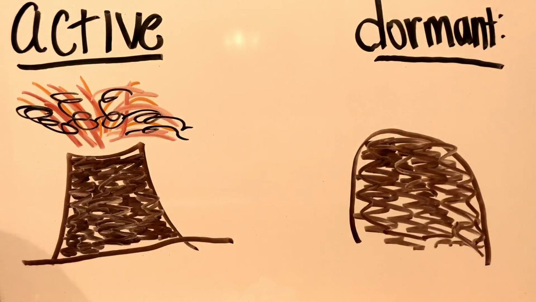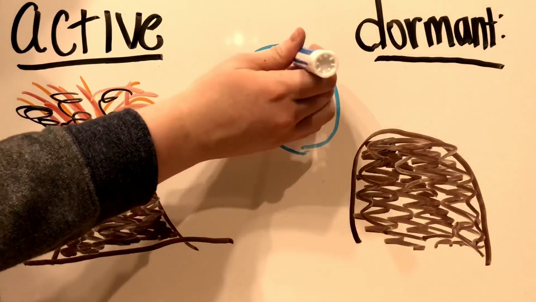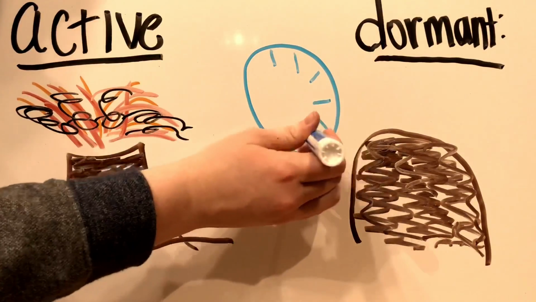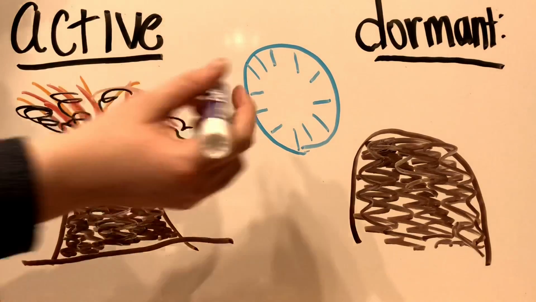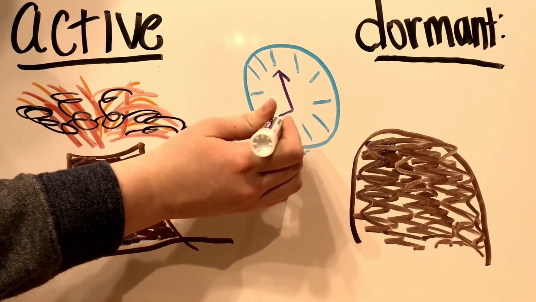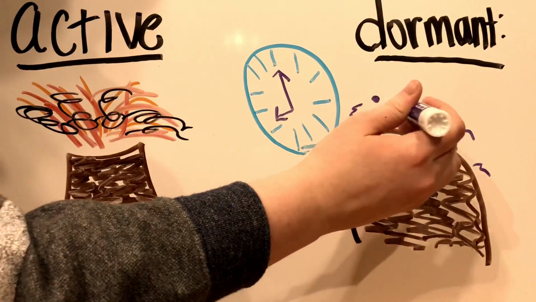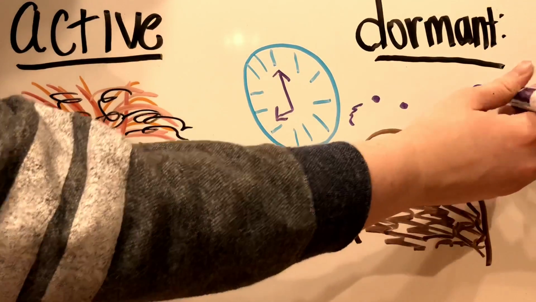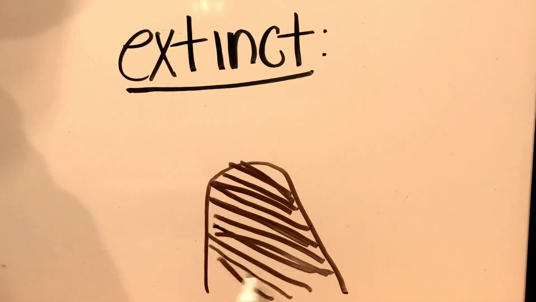It has not erupted in the past 10,000 years, but is expected to erupt again. So while it hasn't erupted in recent times, being 10,000 years, but is going to erupt, that makes it dormant. So the difference between an active and a dormant volcano is that an active one has had a recent eruption and a dormant one has not.